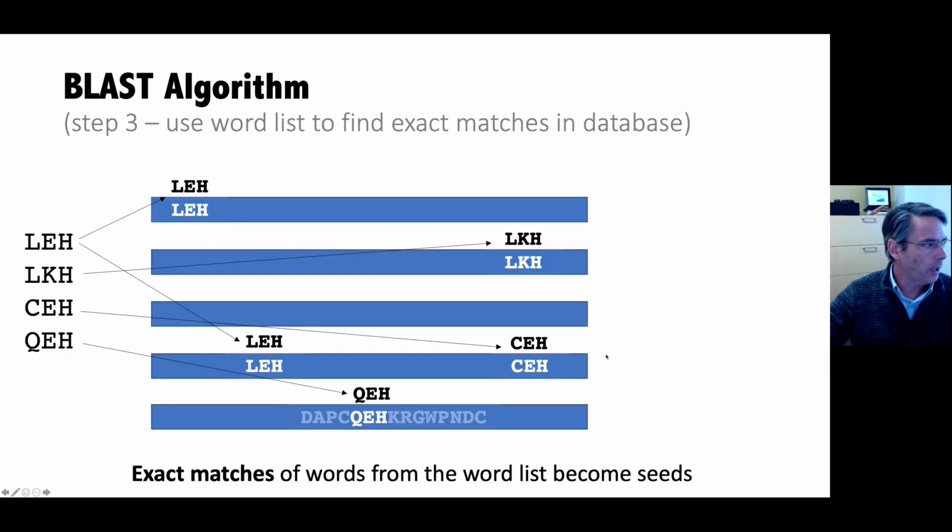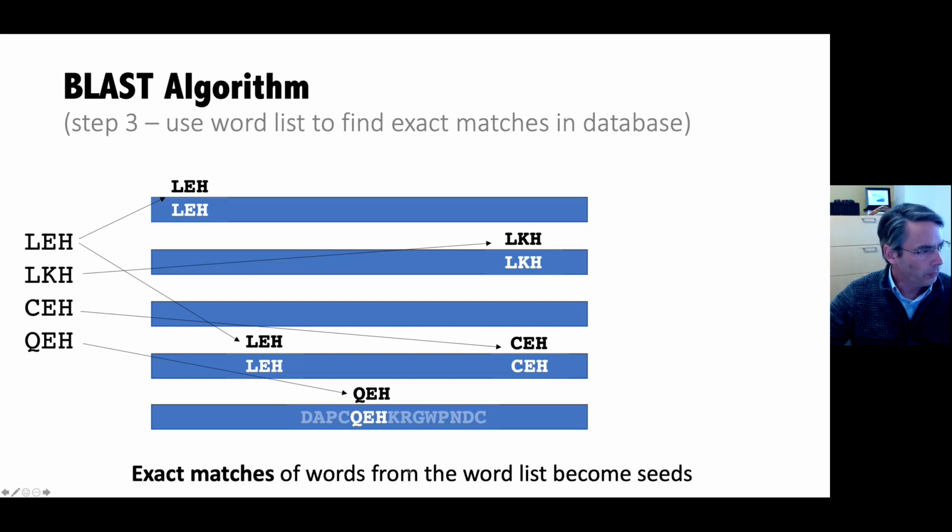The thing that makes it really fast, or one of the steps that makes it really fast, is generating those neighborhoods. That's fast. That was not one of the slow parts in our solutions for 21 and 23 in Rosalind. Also, we know that if we only have to look for exact matches, that's also really fast. Those were some of the early Rosalind problems. So you just take those 4 words that we had and search the database for exact matches to those words.